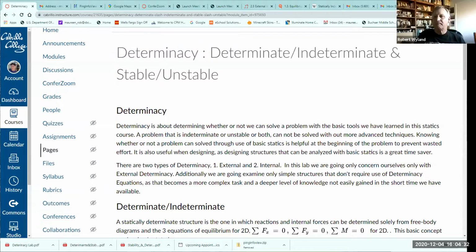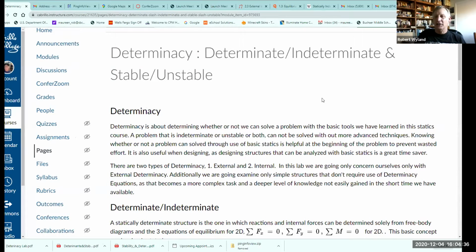And so we're talking about determinancy, and that's the ability to determine whether a problem is determinate or indeterminate and stable or unstable. Whenever a problem is either indeterminate or unstable, it will be unsolvable by the method you've learned in this class.